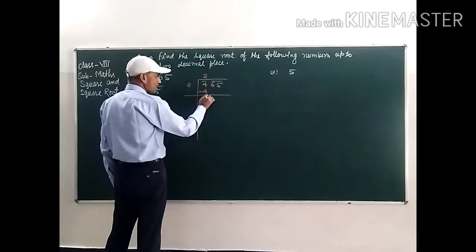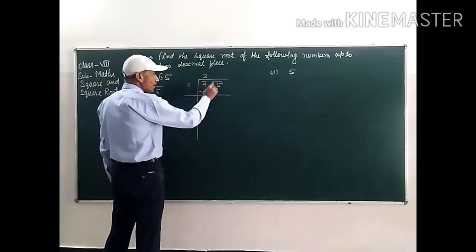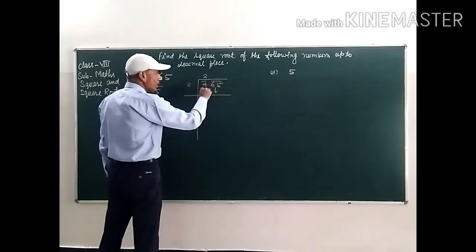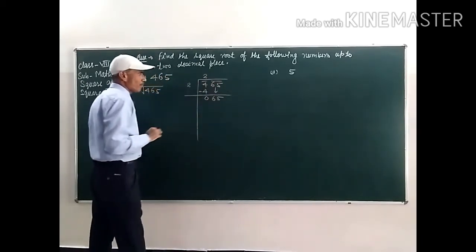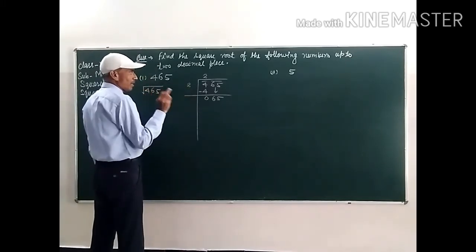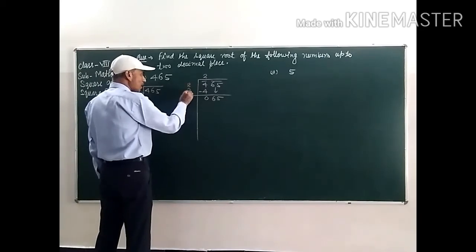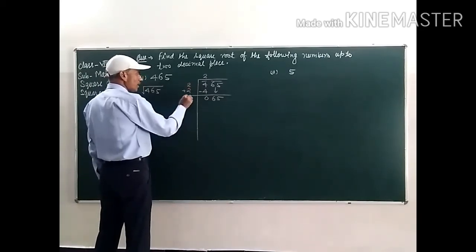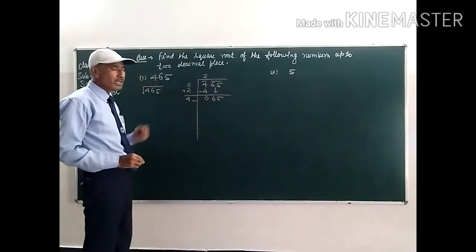Subtract this number from this, that is 0, and in the third step take below this number the next pair, that is 65. Okay students, and you have to double this number, or you can write it like this, 2 plus 2, add here, this one 4, and you have to write a number next to it.